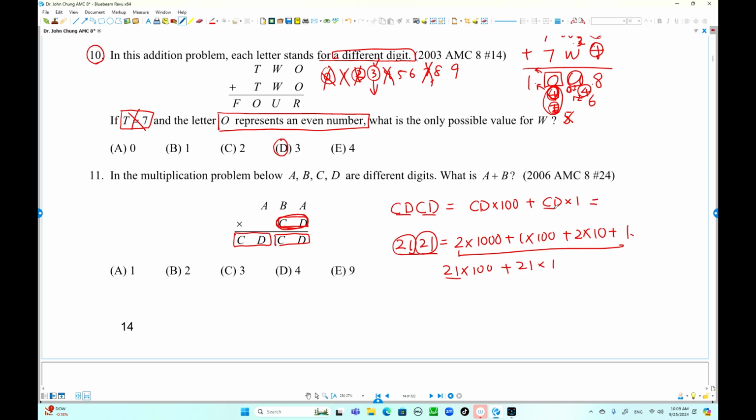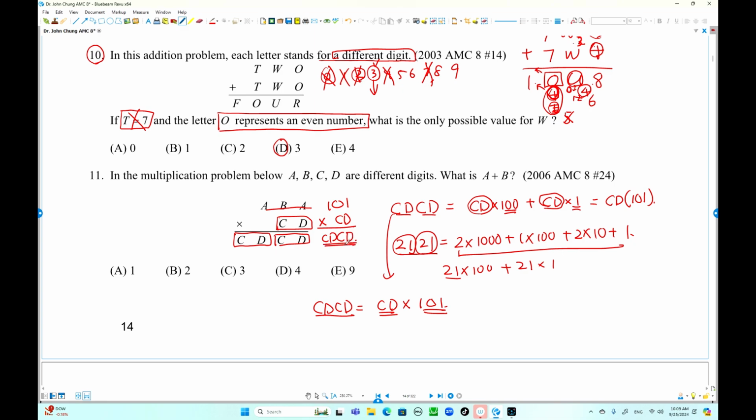But actually CD is a common factor. CD times, inside, 100 plus 1 is what? 101, right? So CDCD equals CD times 101. This is going to be 101 times CD, which equals CDCD.